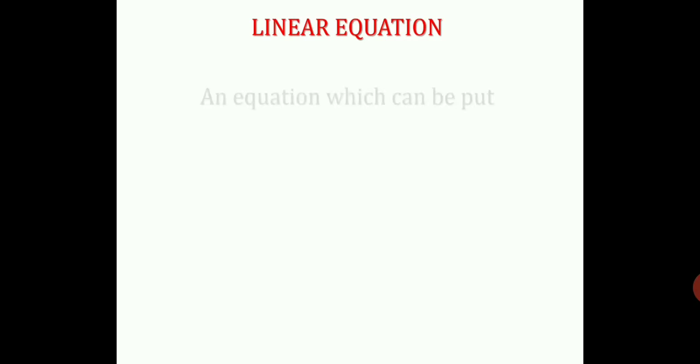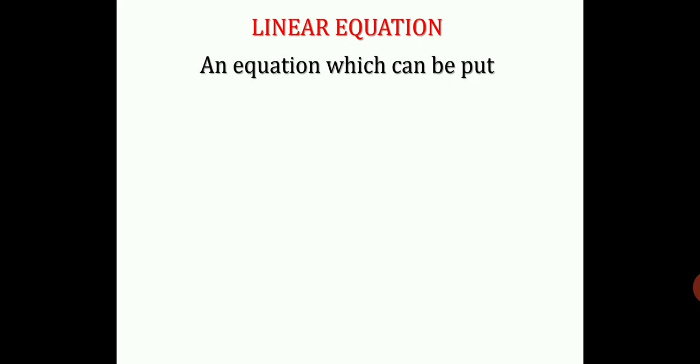Now this is one line, but we want to study a pair of lines. A pair of lines means two lines. But what is a linear equation? Linear means the degree is 1. A linear equation in two variables has two variables, x and y, in the form ax plus by plus c equals 0.